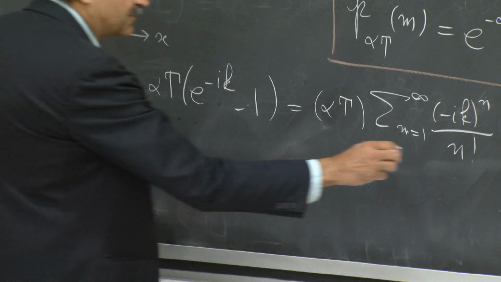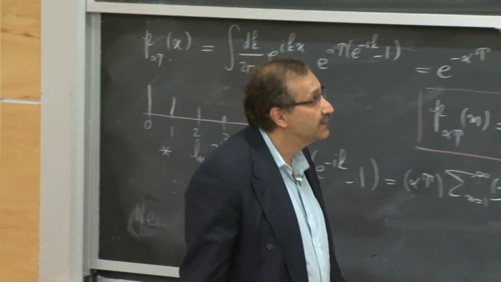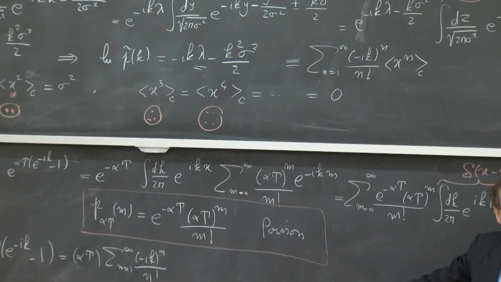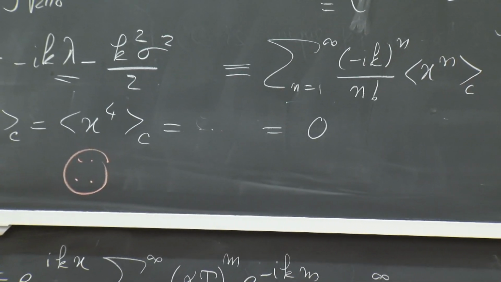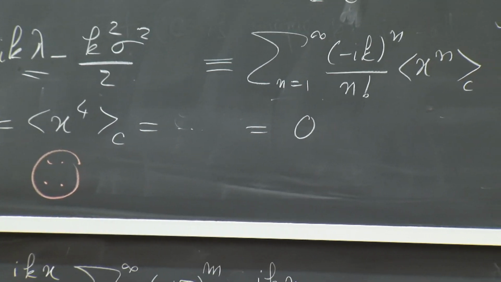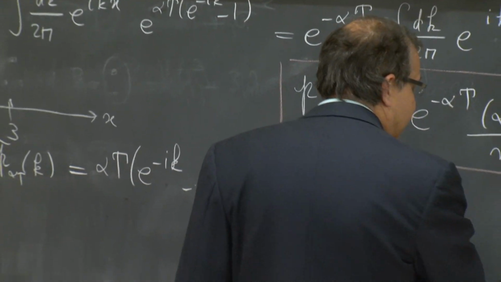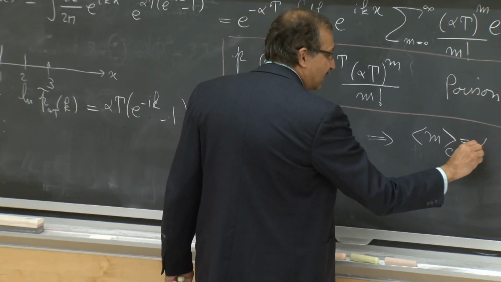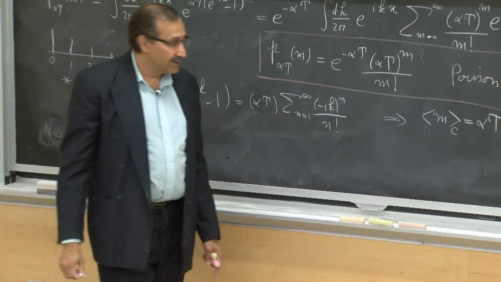So my task for identifying the cumulants is to look at the expansion of this log and read off powers of minus ik to the power of n over n factorial. So what do we see? We see that the first cumulant of the Poisson is alpha t, but all the coefficients are the same thing.